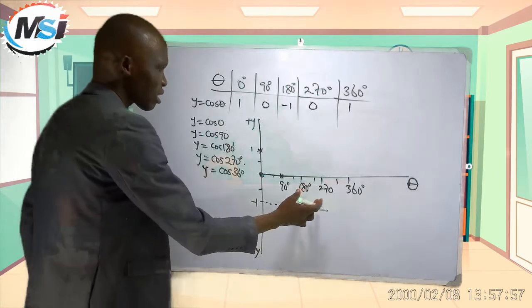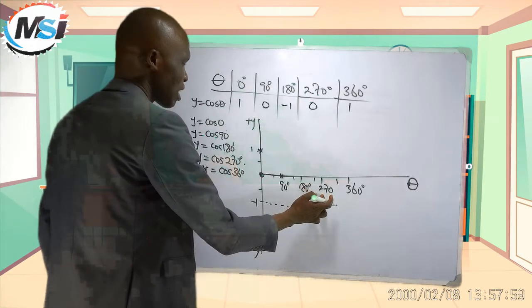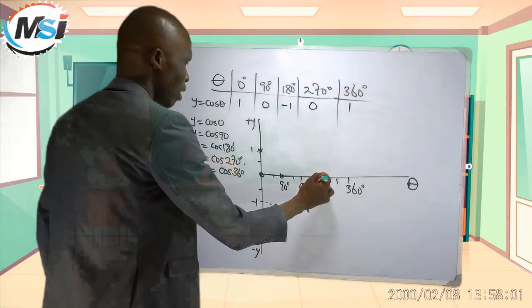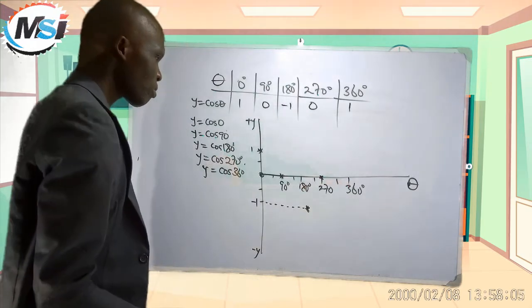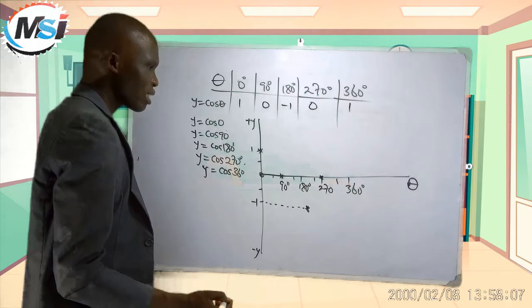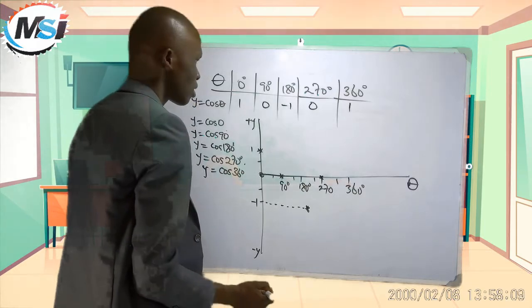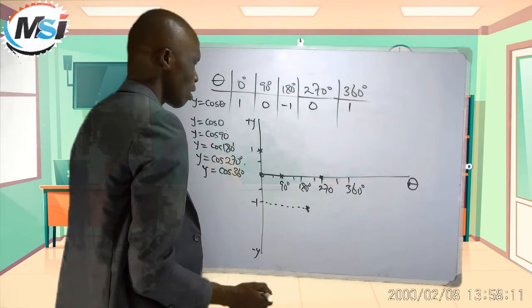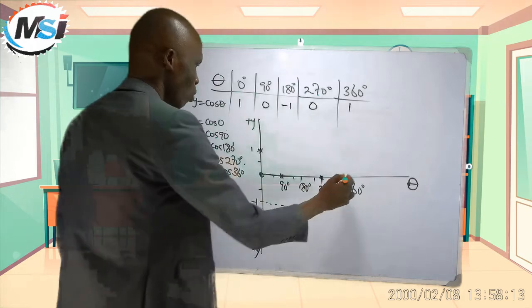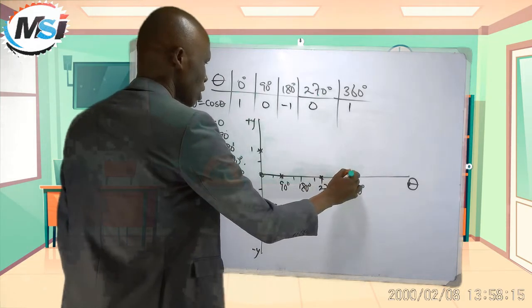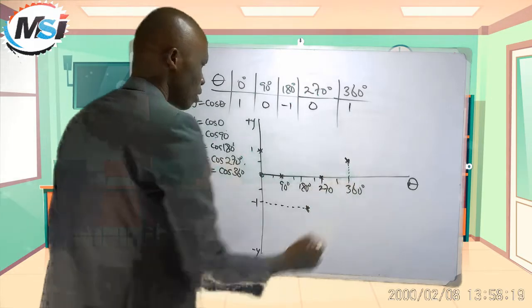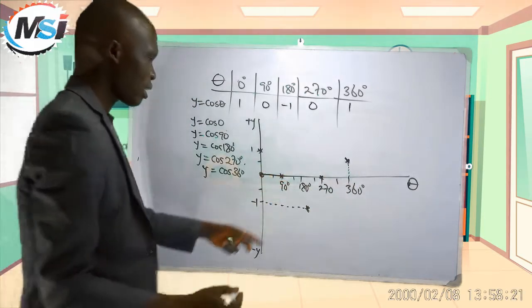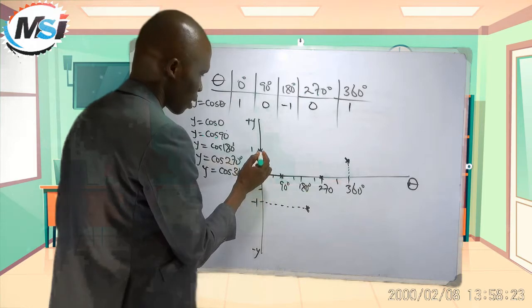Then theta is 270, y will be 0. Then when theta equals 360, y equals 1. So you trace it.